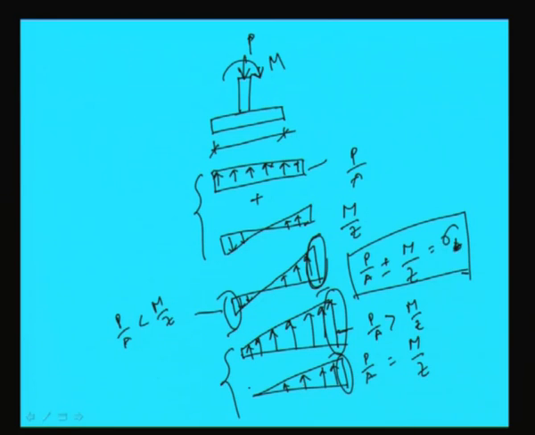And we know that P by A plus minus M by Z is equal to sigma. If sigma is 0, that means P by A is equal to M by Z, right. For Z we can write Z equal to 1 by 6 B T square, right. So if we divide, with A equal to B T, then what will happen?